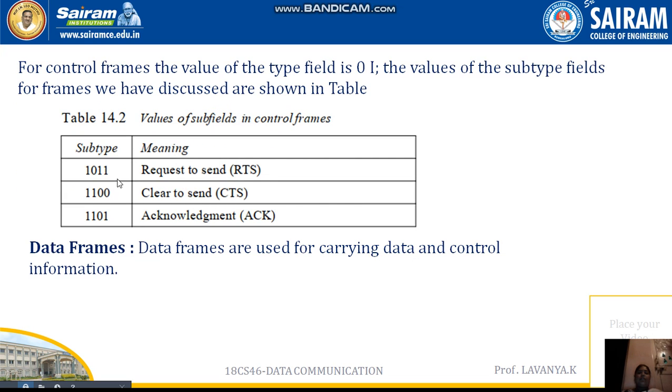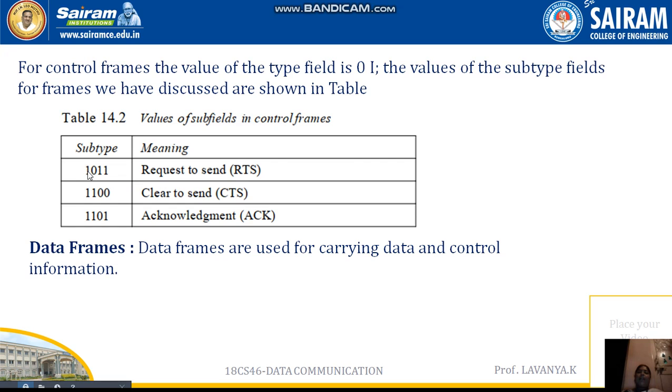If it is 1011, it tells request to send. If it is 1100, the value will be 12 in decimal, and it tells clear to send, meaning you have to clear the previous data and then send the new data to that particular destination.